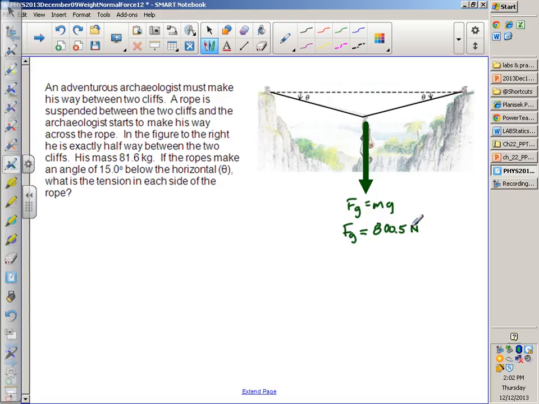Now, to finish this off, it says, what is the tension in each side of the rope? Remember we said tension is force, and tension is a pulling force. So each side of this rope is pulling on the adventurous archaeologist. One pulling this way, one pulling this way.